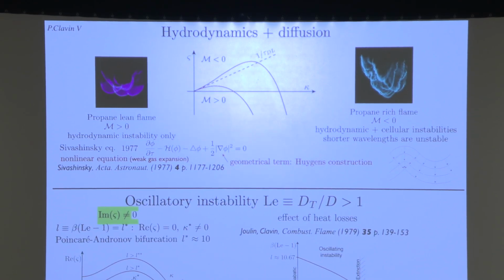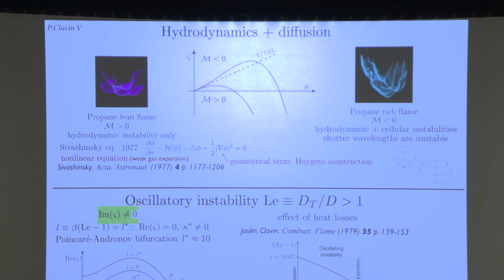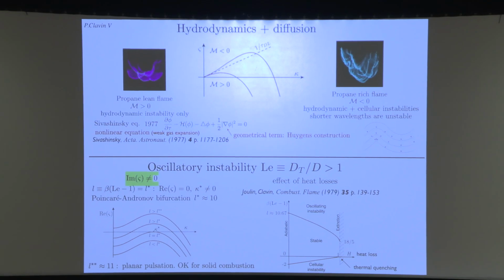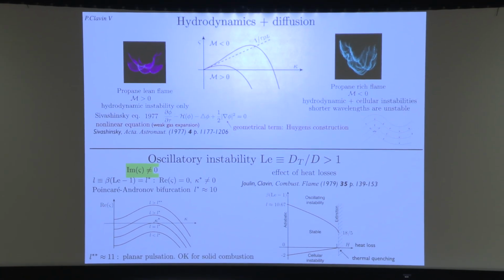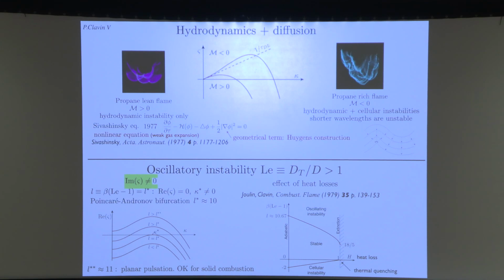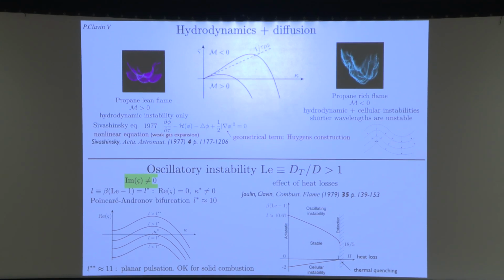There is another phenomenon that I am not going to discuss, which is that when the Lewis number is larger, now beta times (Lewis minus 1) becomes of order 10. Now you have another instability that appears, and I would not discuss it except for the people that are looking at solid combustion, because such large Lewis numbers appear in solid combustion.